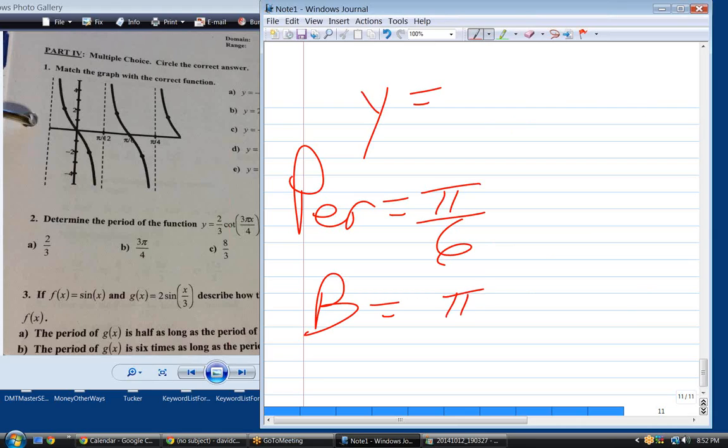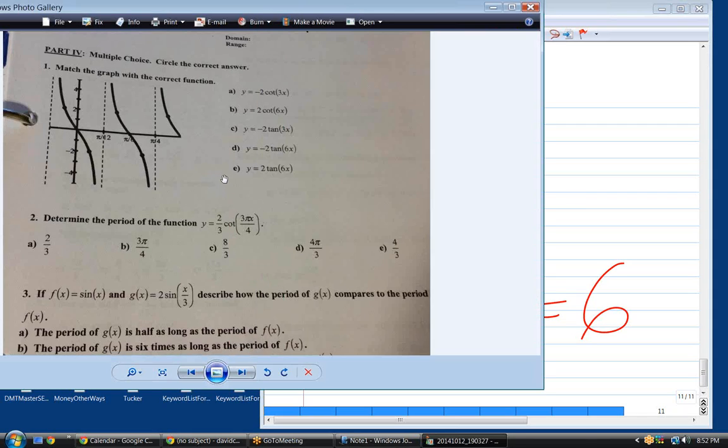B is going to be pi, not 2 pi, divided by pi over 6. So, oh yeah, 6 then. Okay. So we're looking for negative tangent. That one right there. Okay.